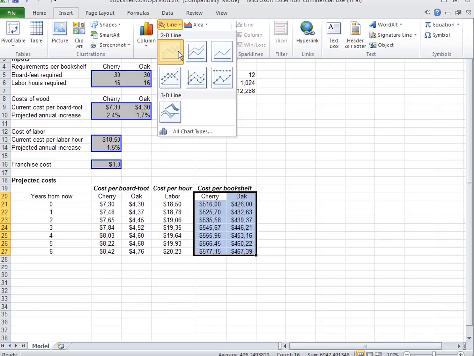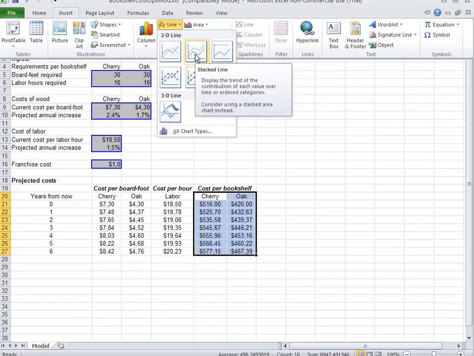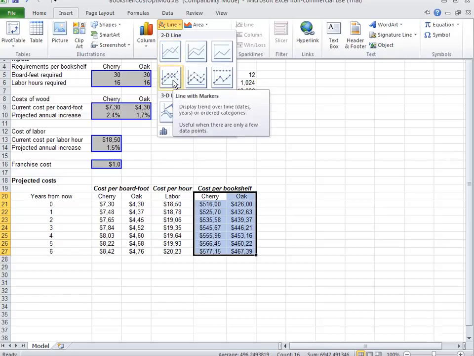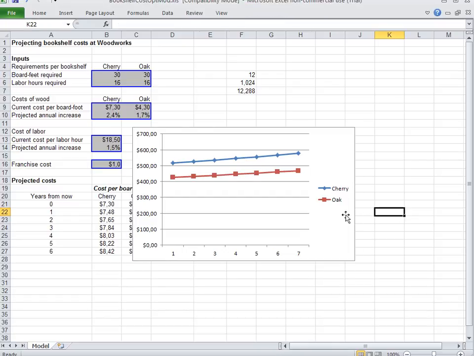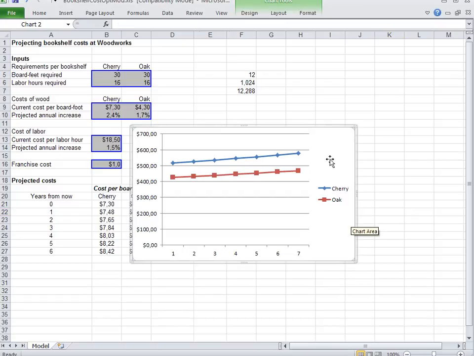So if one cost outpaces the other, then the lines can intersect. In the other case, in the second column, the lines can never cross each other, so that's not good. Of course, we could have chosen the first column and second row, so this has such dots marking the different years. So here it is. Our graph is ready as well, and it pictures the dynamics of the costs.